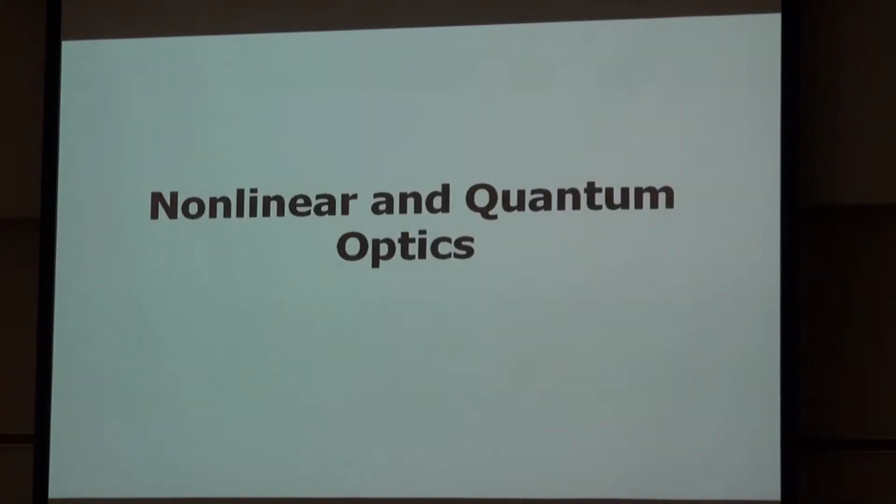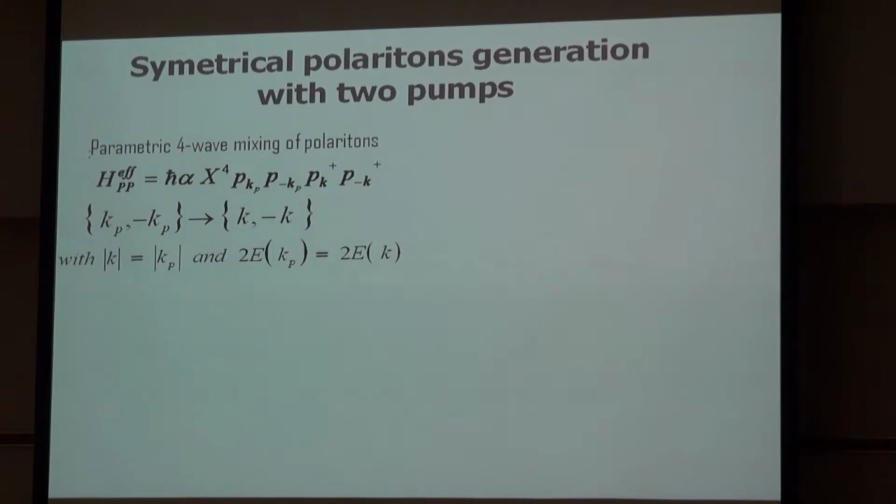Now what are we going to do with that? The first thing we did, and this started in about 2000, a little before, is this: these coupled states that I showed you before, which are superpositions of photons and excitons, have interactions, because the excitons, these charged particles, I mean electrons and holes, see each other, and they undergo something like four-wave mixing.